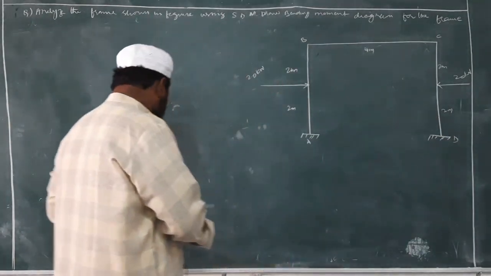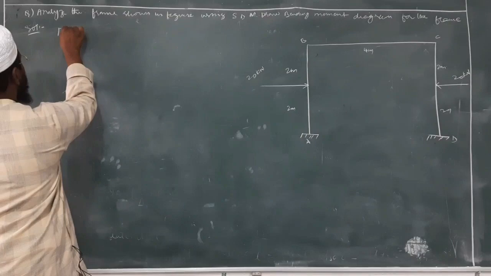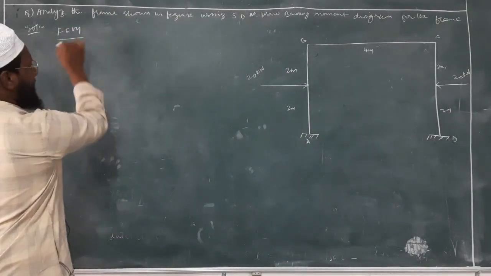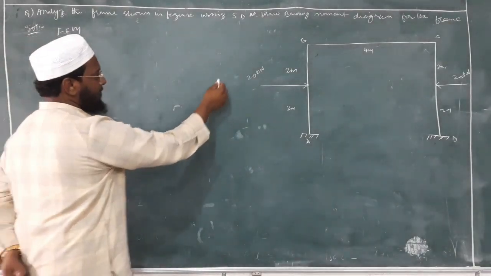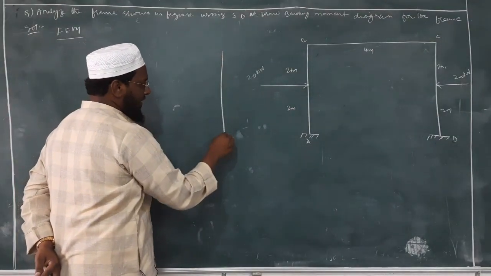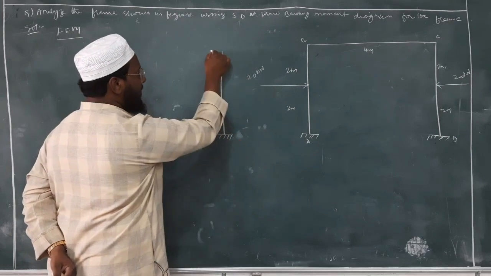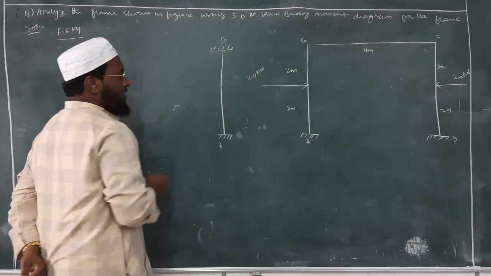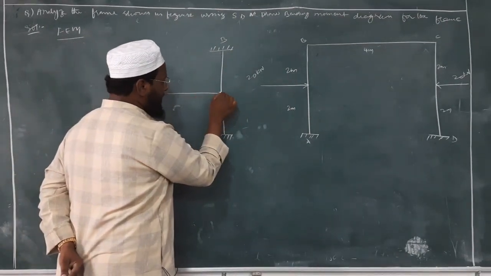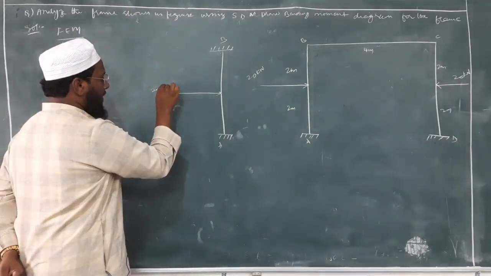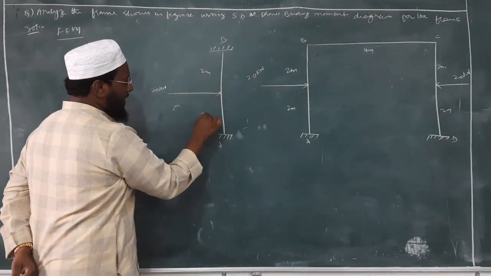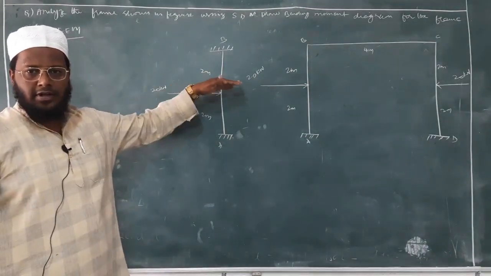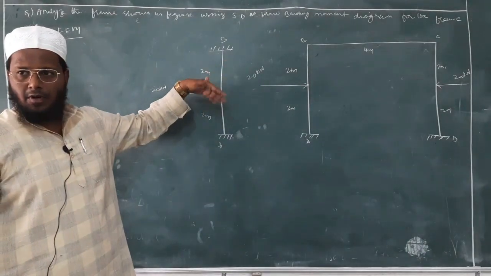Yes. So now in this fixed end moments, I'll first calculate fixed end moment for span AB. I will draw the span AB like this. This is A and this is B, and load is acting in this direction, that is 20 kilonewton. This is 2 meter and this is 2 meter. Now because of this horizontal loading, what will happen to the column?